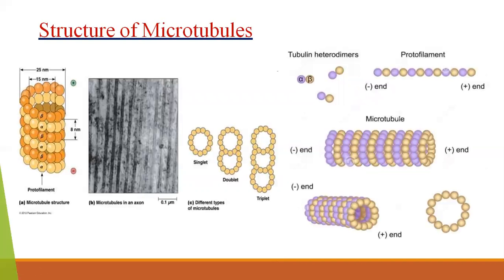So the structure of microtubules is given here: first the microtubule structure, and second the microtubules in an axon. Then there are different types of microtubules: singlet, doublet and triplet, which have a negative and positive end.